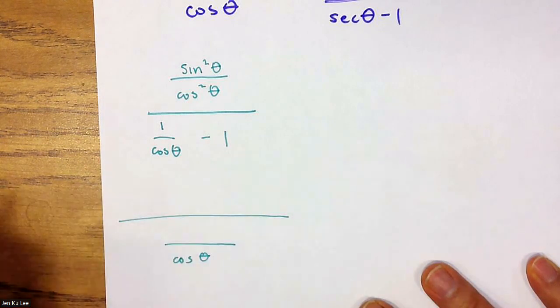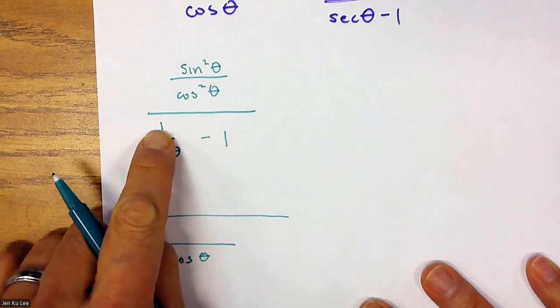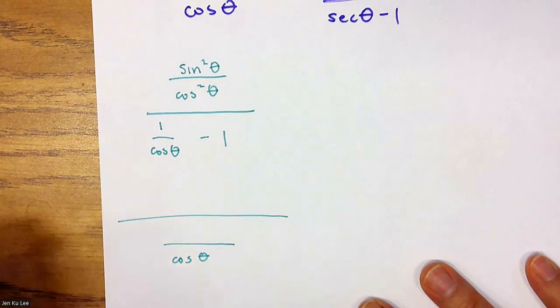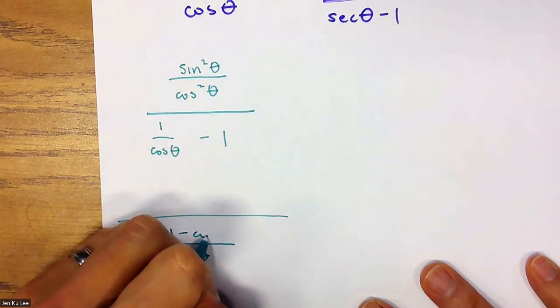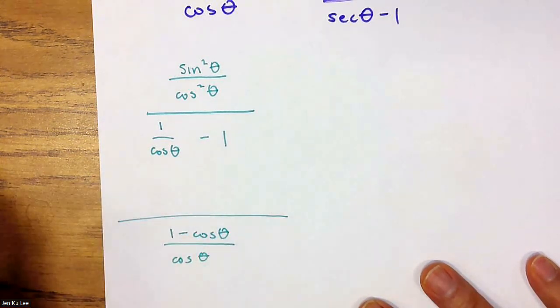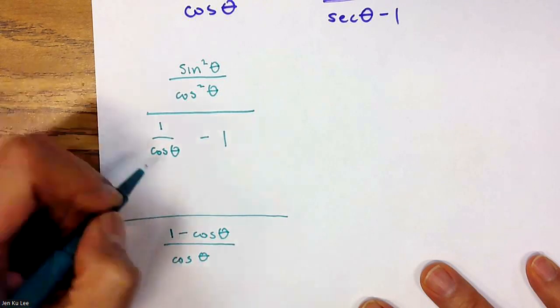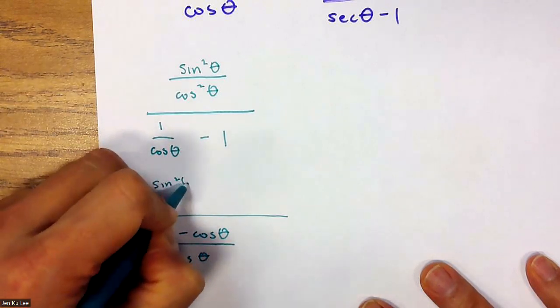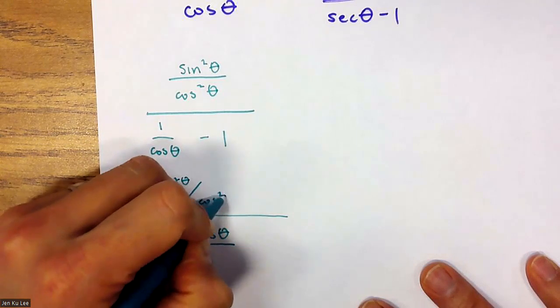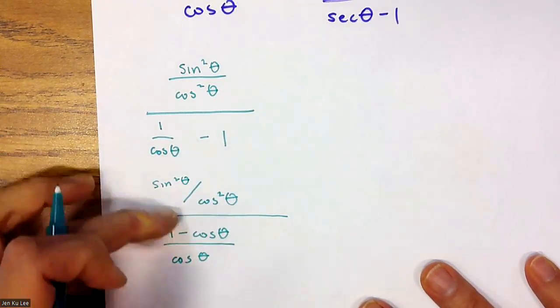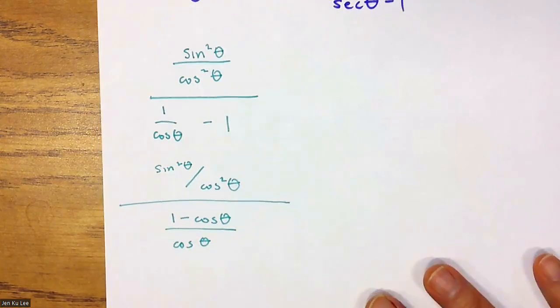I see again a fraction, so I'm going to get the common denominator of cosine theta, right? So this one will be 1 minus cosine. Correct? Over sine squared over cosine squared. Now I have a fraction divided by a fraction.